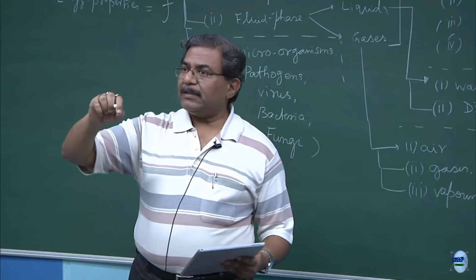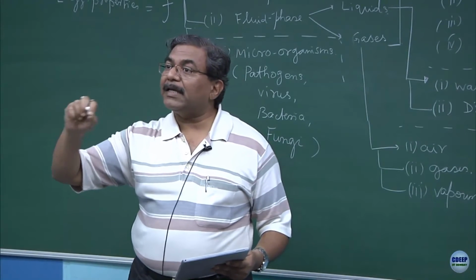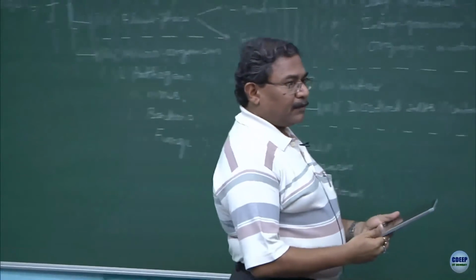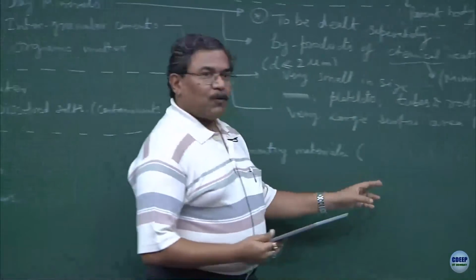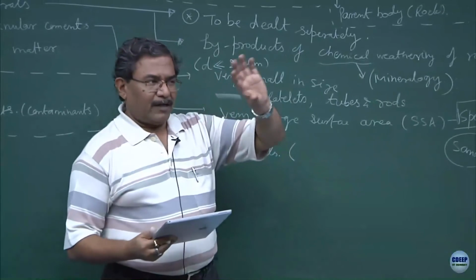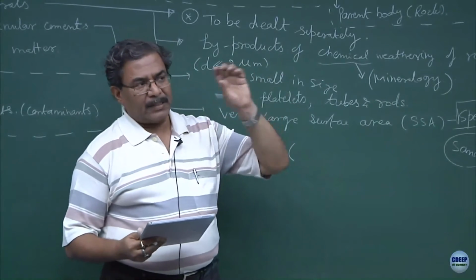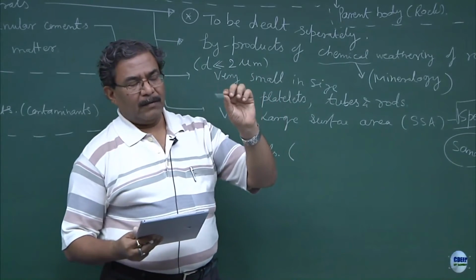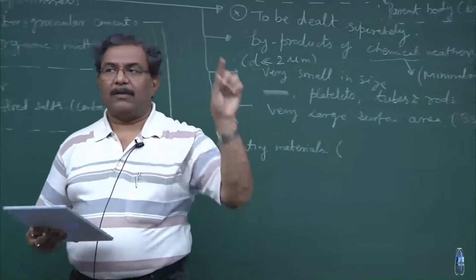If more calcium is present, it becomes calcareous soil. Calcareous soil is the one where you have a lot of calcium impregnation in the sand particles, and calcium carbonate is deposited all around the particles.